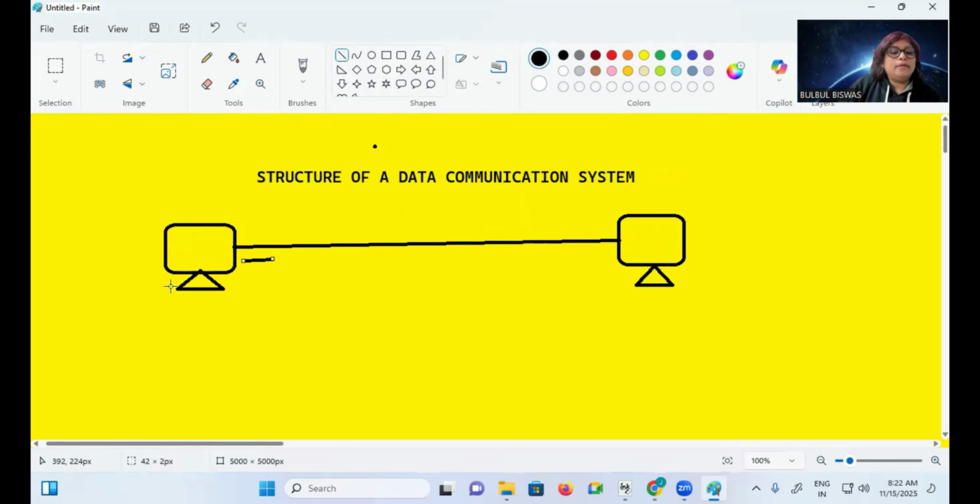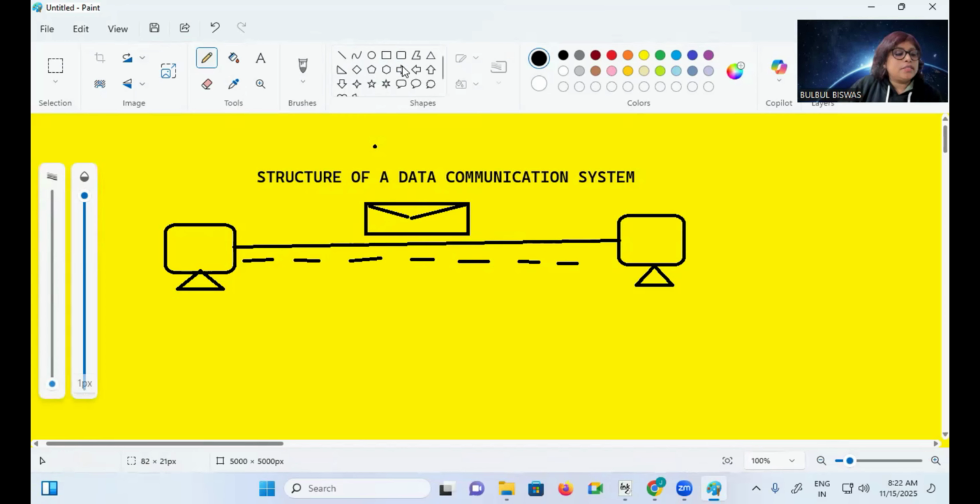Now the question is, why are they connected? Because sender and receiver want to transfer some messages. So this is my sender, this is my receiver, this is my message, and this is my media.